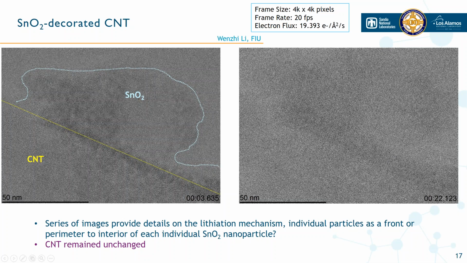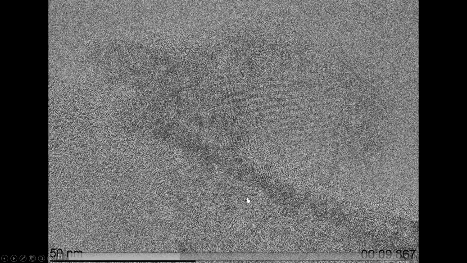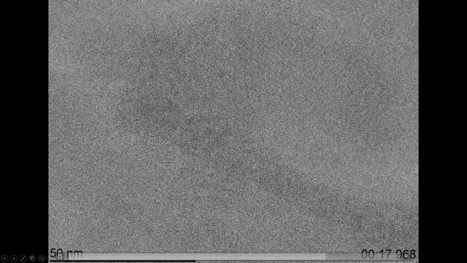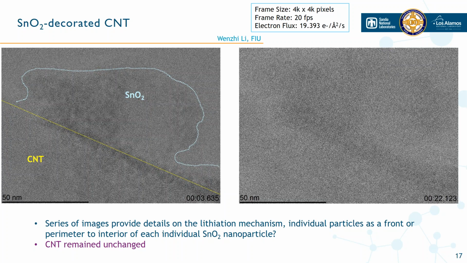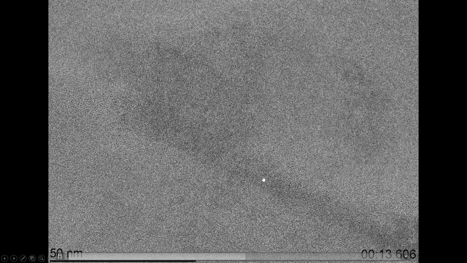With a higher frame rate, we can go through image by image and observe how the lithiation is taking place, if it's happening particle by particle, if it's happening from the inside of the particle or from the outside to the center, and how quickly it moves through the different particles in that aggregate. So the next slide.